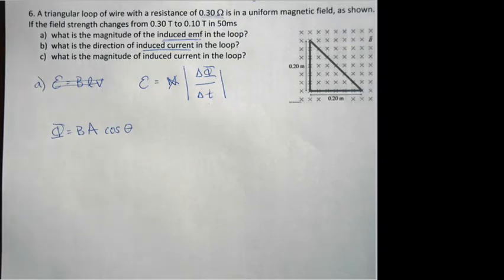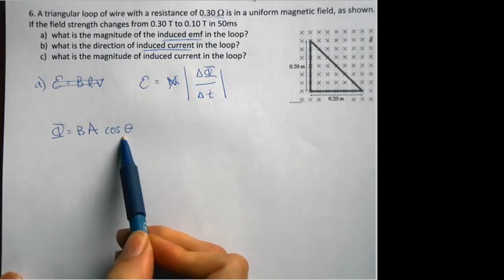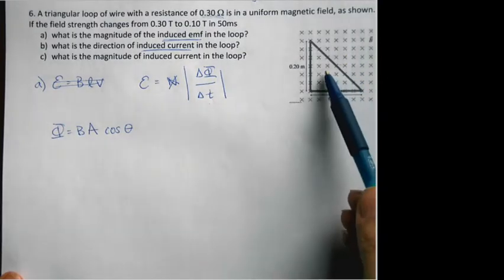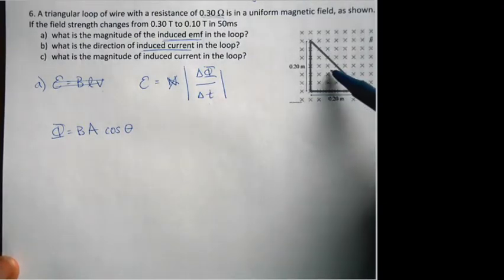So it's probably reasonable to assume that cosine of theta is 1. And that is true. If you want to think about theta as being the angle between the magnetic field lines and the angle that points perpendicular out from the loop, that's how we defined theta.